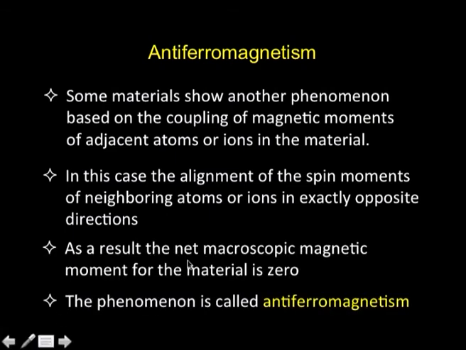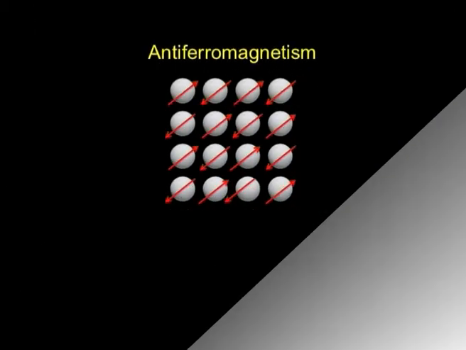As a consequence, the net macroscopic magnetic moment for the material is 0, because if they are aligning together, there is a net magnetization, and if they are aligning in the opposite direction, the net magnetization will be 0. This phenomenon is called antiferromagnetism. Let us look at this picture.